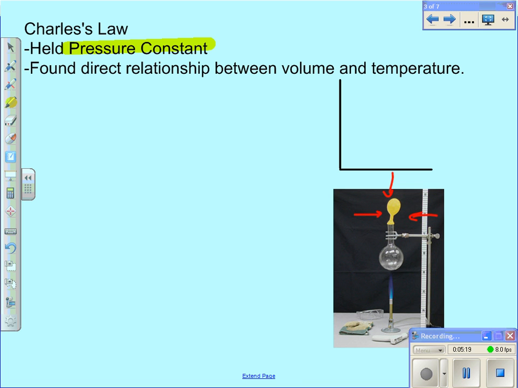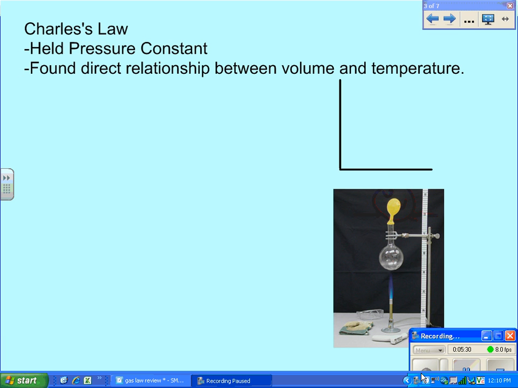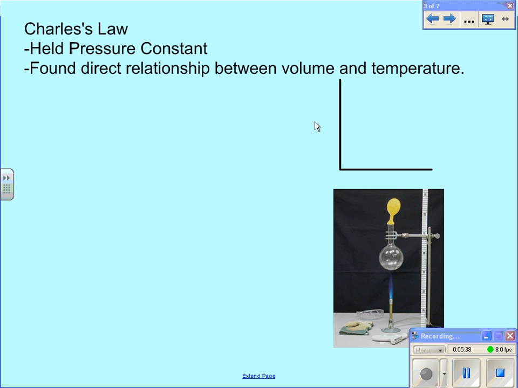And what Charles is looking for is, as he heats the gas inside here, as he increases the temperature, what happens to the volume of the balloon or the volume of the system. So Charles's law looks at the relationship between volume and temperature, and we would find the data might look something like this.